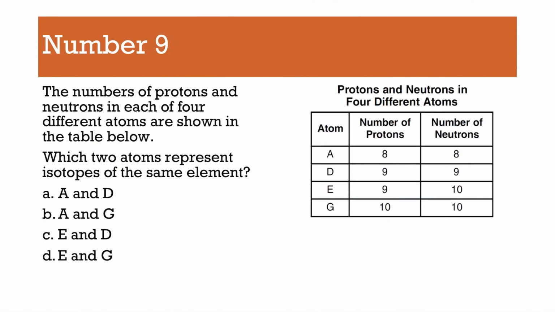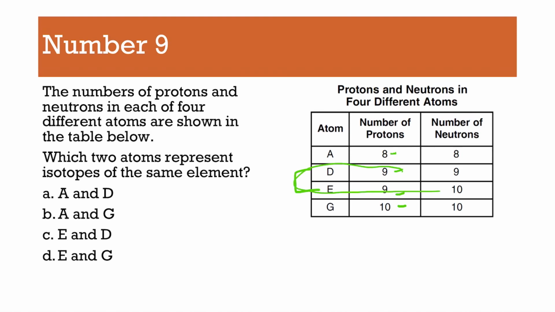Number 9 says the number of protons and neutrons in each of 4 different atoms are shown in the table below. Which 2 atoms represent isotopes of the same element? So if we look at A has 8 protons, D has 9, E has 9, G has 10.